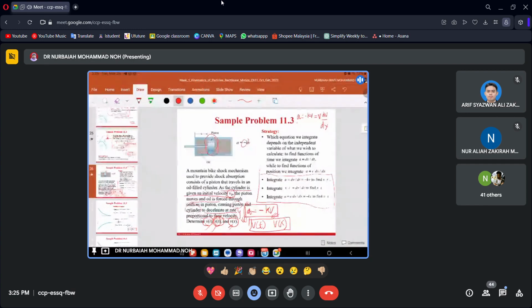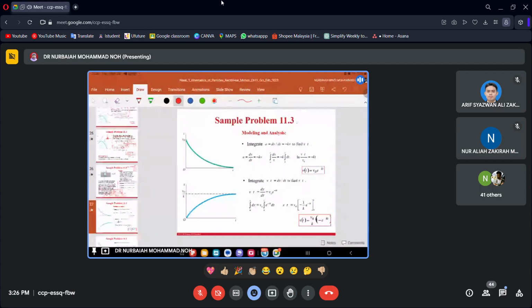Disebabkan kita punya A function dalam bentuk V, dan kita akan guna kinematic relationship of V dV over dx. So from here, then we can start to derive for Vt, Xt and Vx.